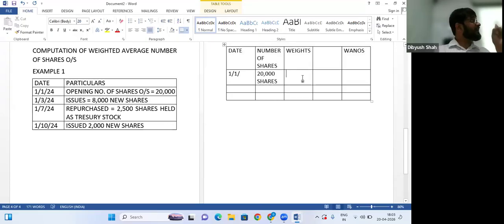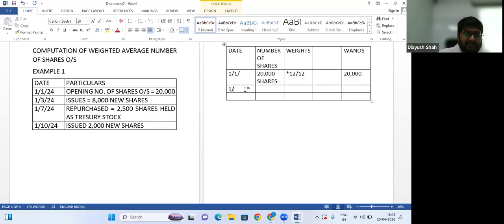Now these shares were outstanding for the entire 12 months. So weight assigned to it, in the numerator you keep number of months they were remaining in the financial year divided by 12. So this was there for the entire year. So in the outer column also you will have 20,000 only.